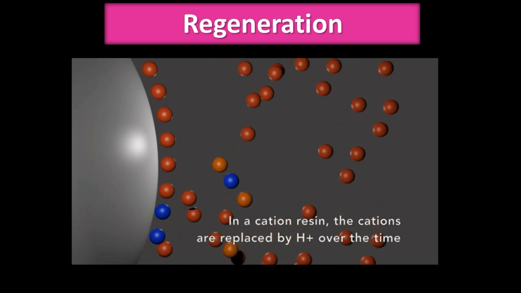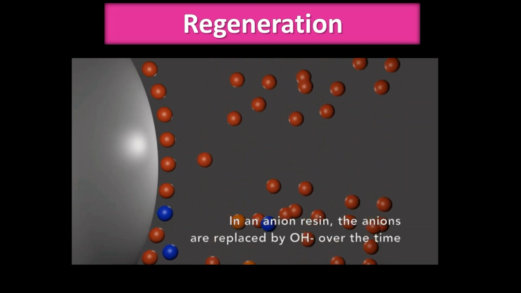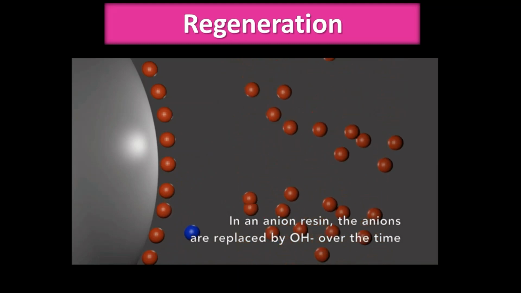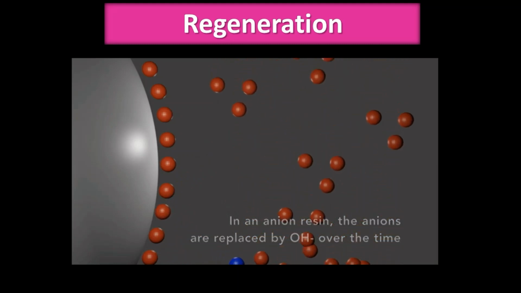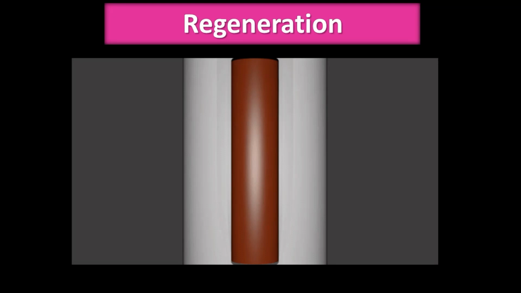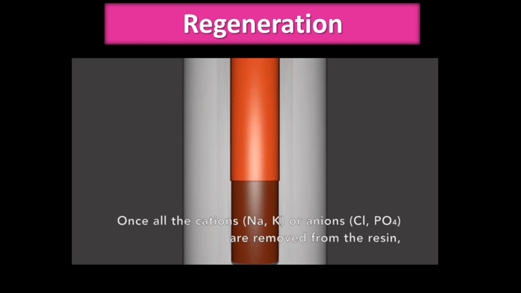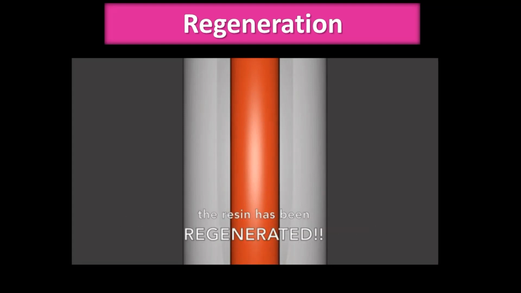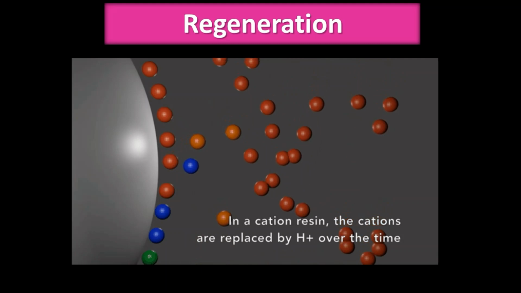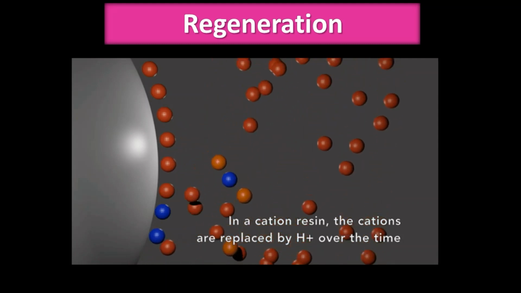The disadvantage is we cannot use turbid water as it disturbs the ion exchange process, and also we cannot use water containing iron and manganese, because once these ions are attached to the resin, the resin cannot be regenerated. That is the biggest problem. Hence we cannot use water containing iron and manganese.